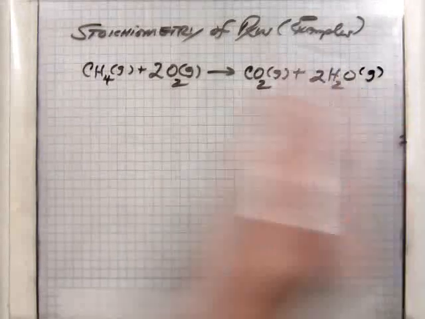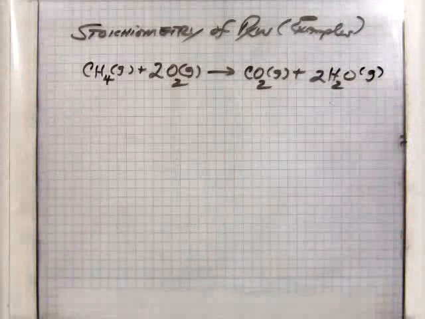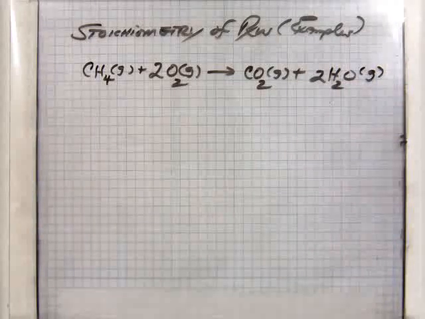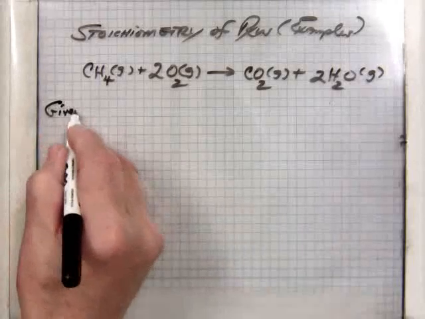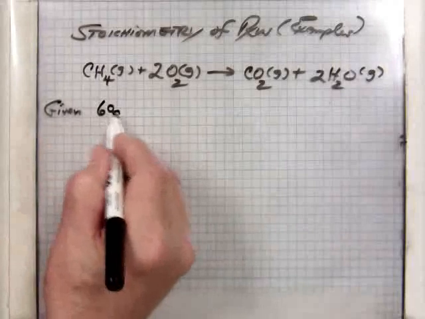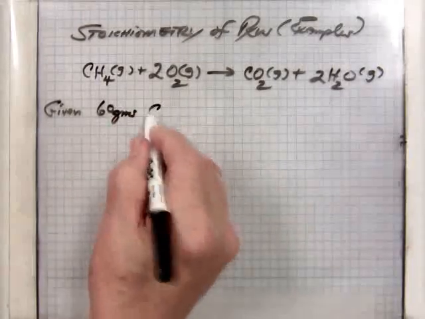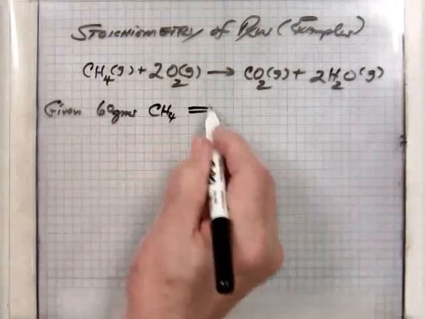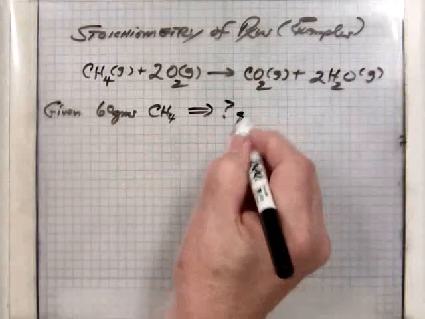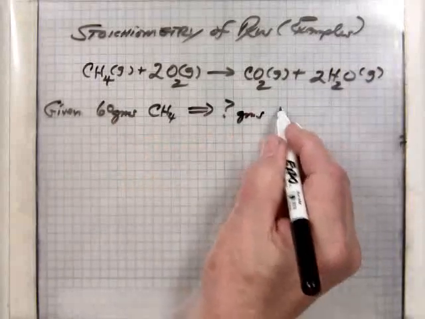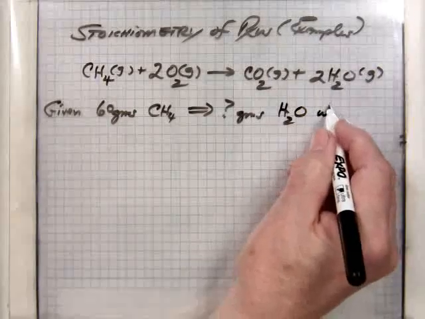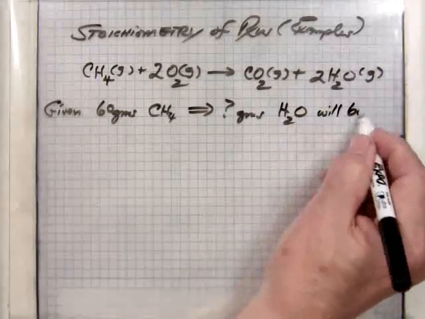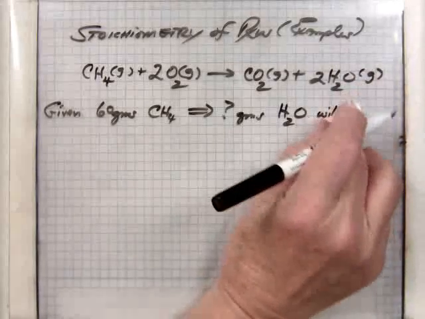Sometimes it comes in as a gas and sometimes it comes in as a liquid, but they're still the same essential equations. So let's say you're given 60 grams of CH4. How many grams of water will be produced?